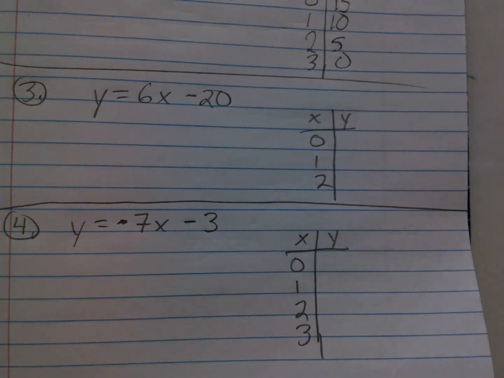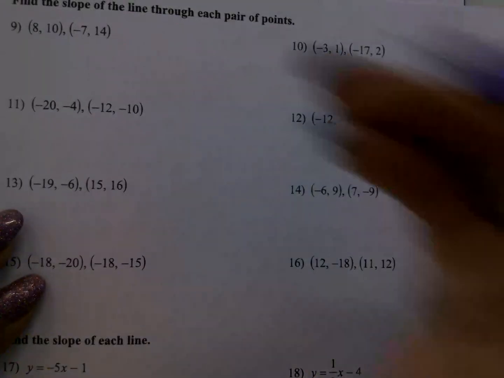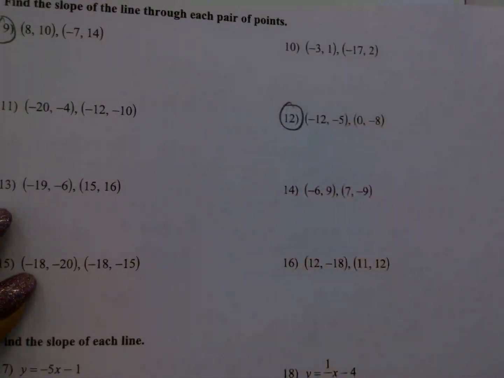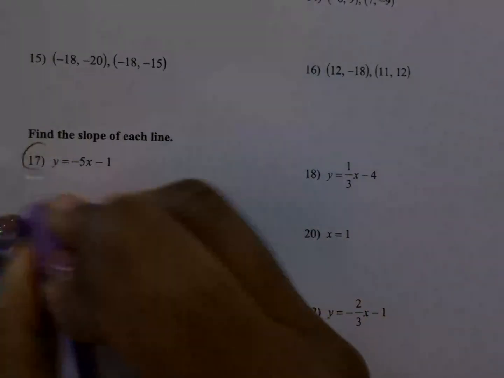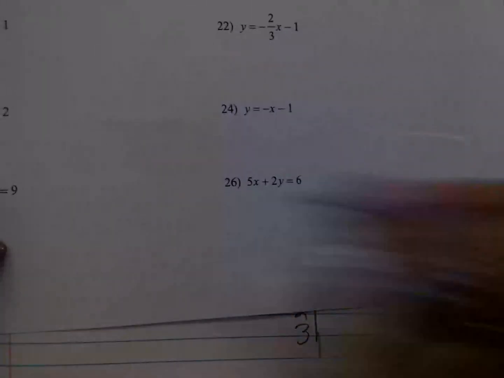All right, once you finish that, I do need for you to do the following because I need to see what you understand. I need you to do number 9, number 12, and then on the bottom here, I need you to do 17. I need you to do 18, and I need you to try 26.